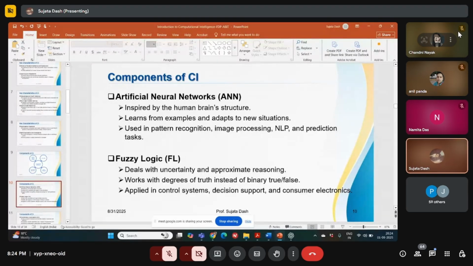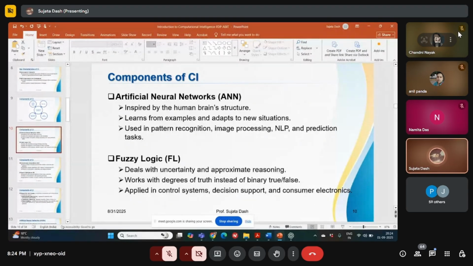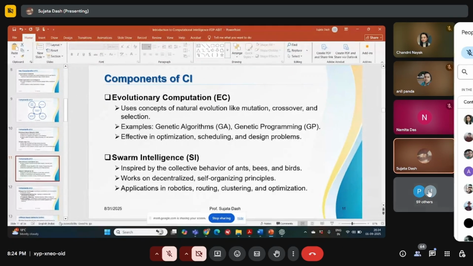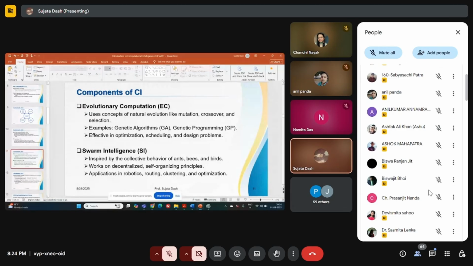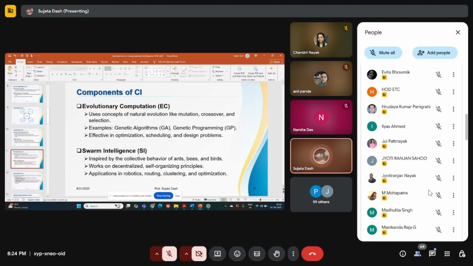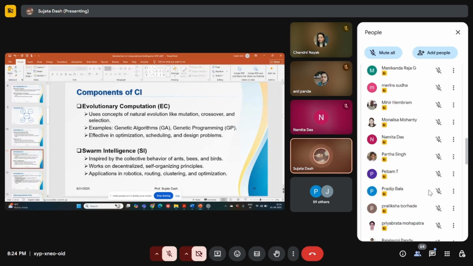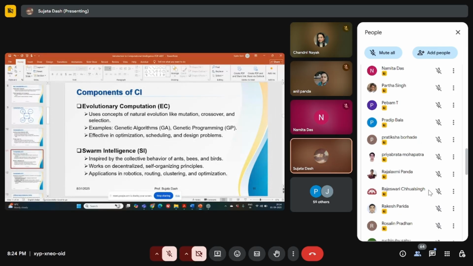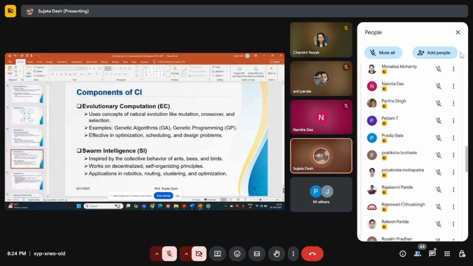Then let me take you to evolutionary computation. Evolutionary computation is based on Charles Darwin's principle of natural selection, or we call it survival of the fittest.